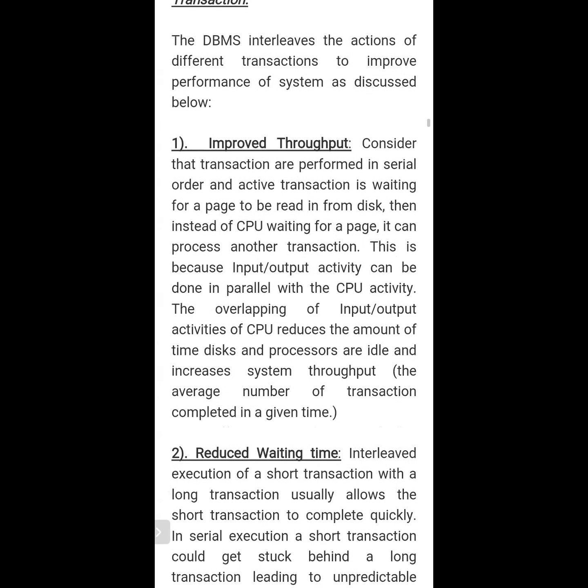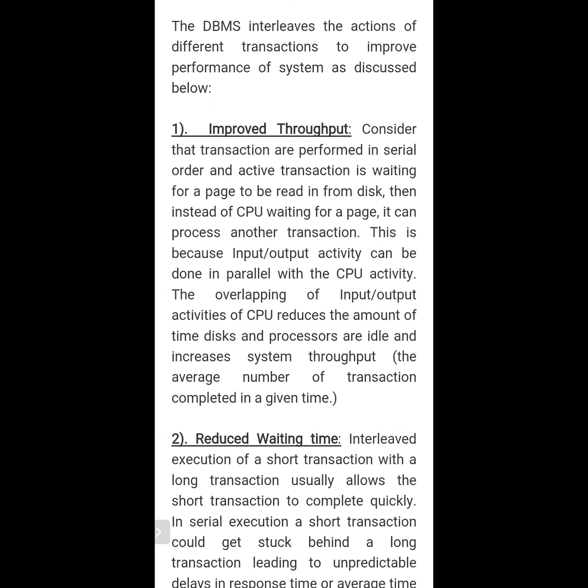Improved throughput. So what is the meaning of throughput? Throughput is nothing but how many outputs are generated within a time. So that can be used to measure the throughput. For example, we consider some particular period of time. Say we consider one business. In that business, we compare the profits of last year in a particular month with this year's same month.